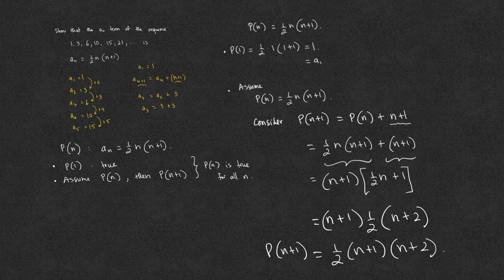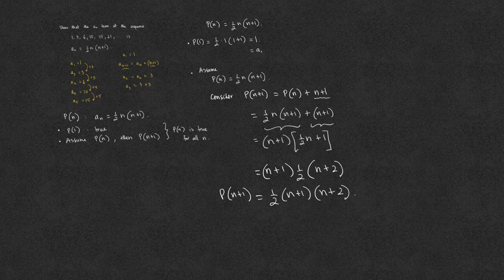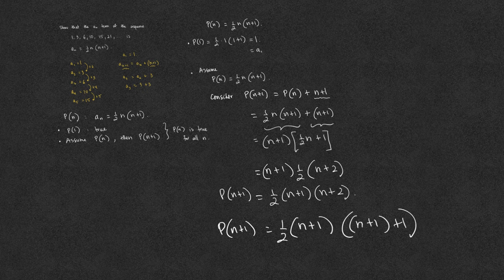Take the input, half it, 1 half of the input, times the input plus 1. To be clear, this is p sub n plus 1 equals 1 half times n plus 1 times n plus 1 plus 1. We assume only one case n is true, and we show that the case p sub n plus 1 follows the same rule as well.